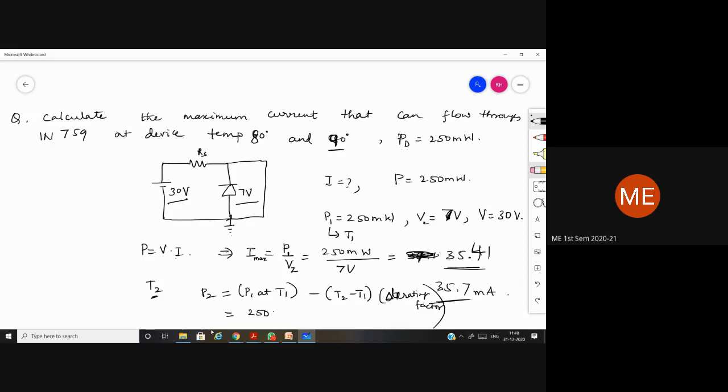If they have not given it, you need to remember 2.2 milliwatt per degree C. So now multiply this: 250 milliwatt minus 10 times 2.2, that is 22 milliwatt.